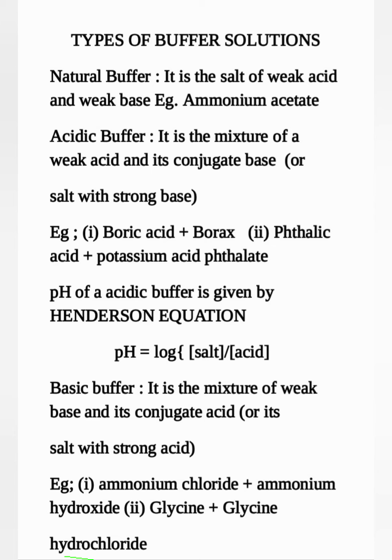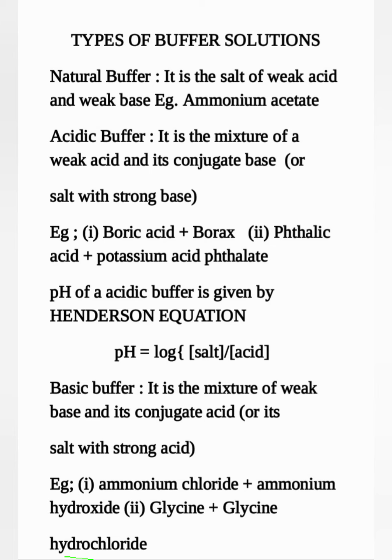For the exam they will ask what you mean by buffer solution, or to classify buffer solutions. The first one is natural buffer and the second one is acidic buffer. Acidic buffer is the mixture of a weak acid and its conjugate base. Then the third one, a basic buffer. It is the mixture of a weak base and its conjugate acid, or its salt with a strong acid.